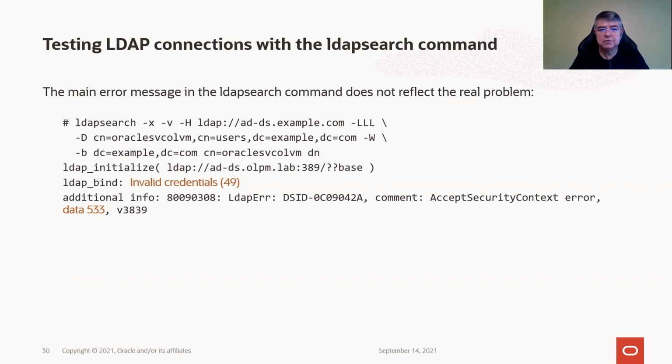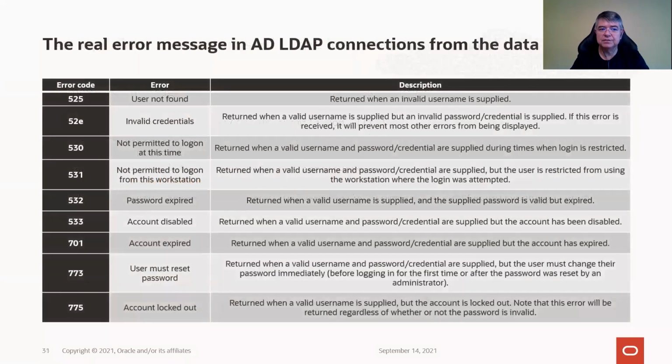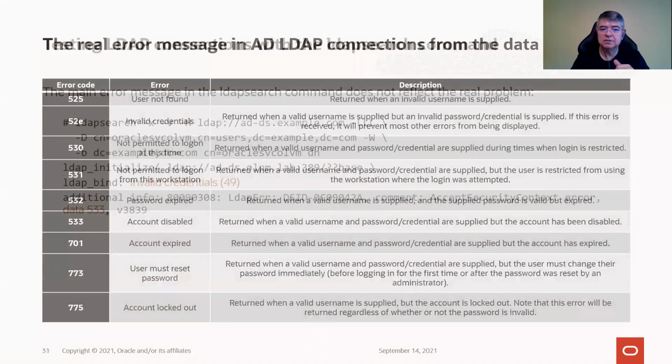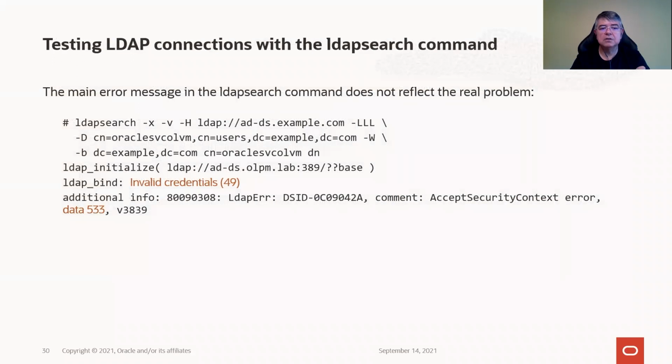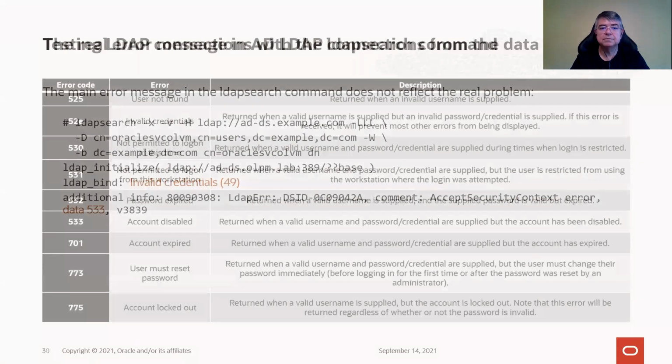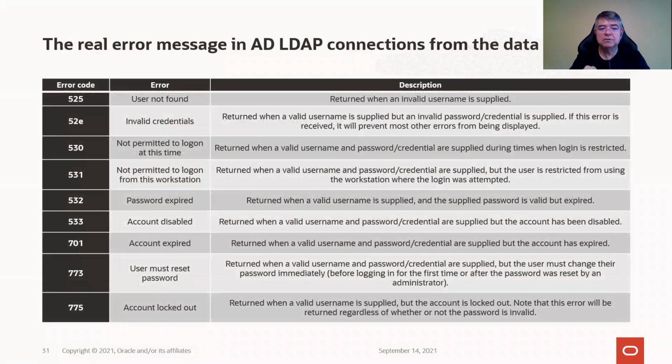When you troubleshoot an LDAP connection with an Active Directory server, your real error message comes from the data field. At the last line, you can see data 533. What does it mean? This is the point. In this specific case, that user account, in my example the Oracle Service LDM account, is disabled.